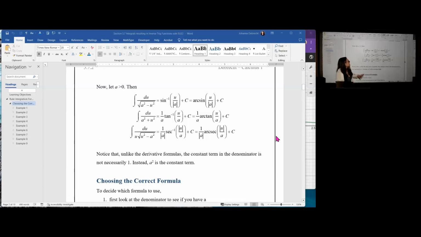When we're looking up here, notice that all of these formulas are written in terms of du. But that means that the original was probably the differential dx. And we used our definition of u to solve for dx and substituted in to get the differential du. Typically, when we start, we do not have du as the differential.